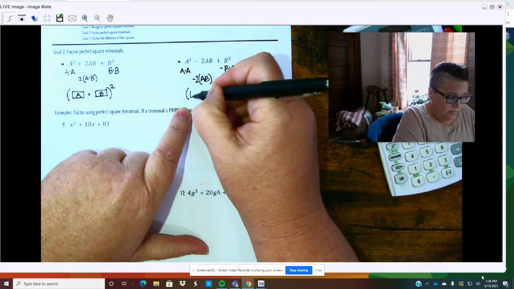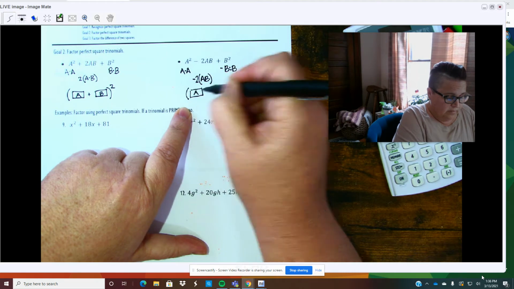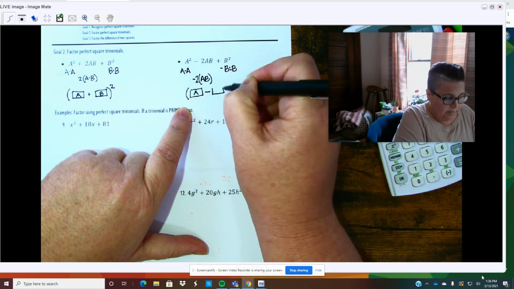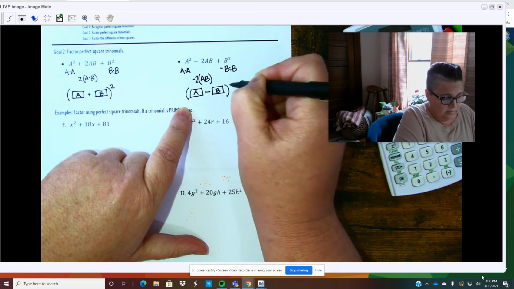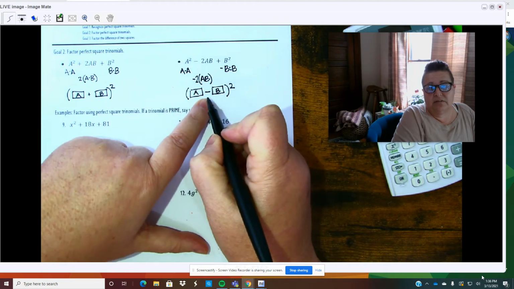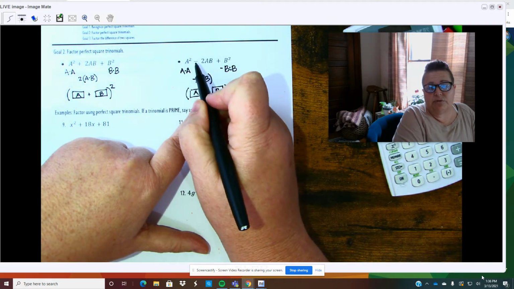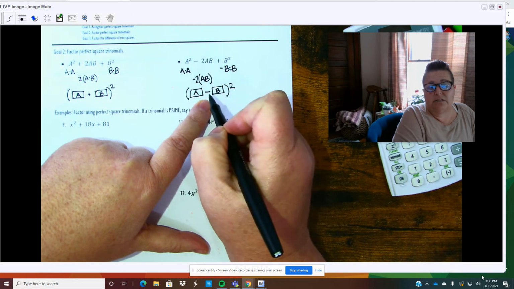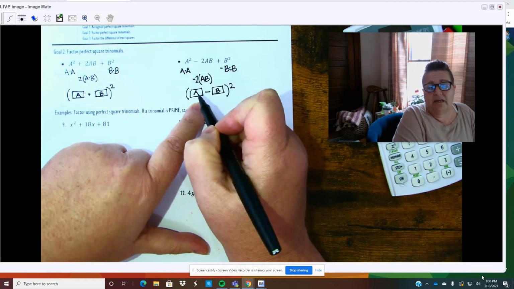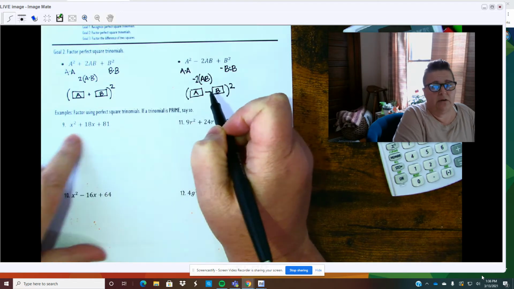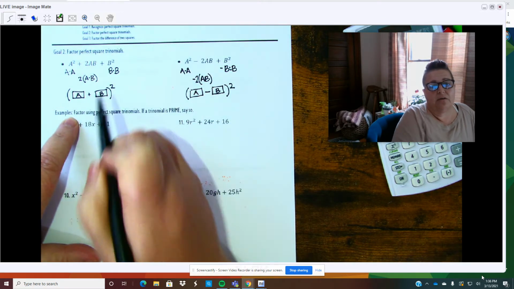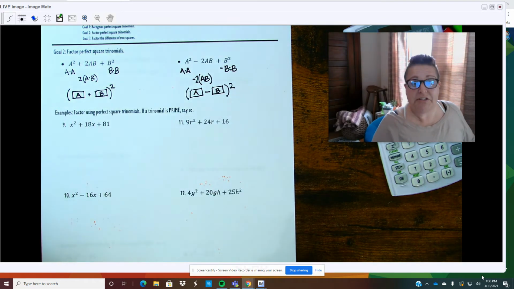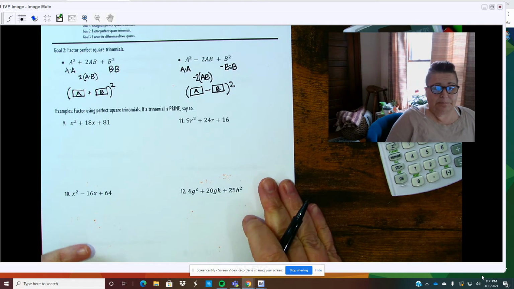Then what I have is whatever that a value is minus whatever that b value is squared. Using subtraction here is going to get us subtraction as the middle term. So this middle term is what's determining whether I use a minus b quantity squared or a plus b quantity squared. Let me show you how it goes, okay?